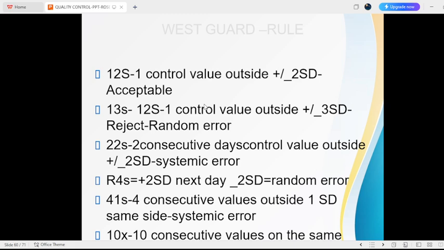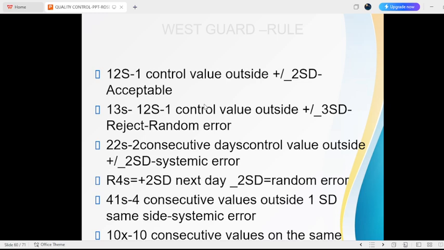The next rule is the R4s rule. That is plus 2SD one day and minus 2SD the next day. This is because of random error. The next rule is the 4 1s rule. That means four consecutive values outside 1SD on the same side.